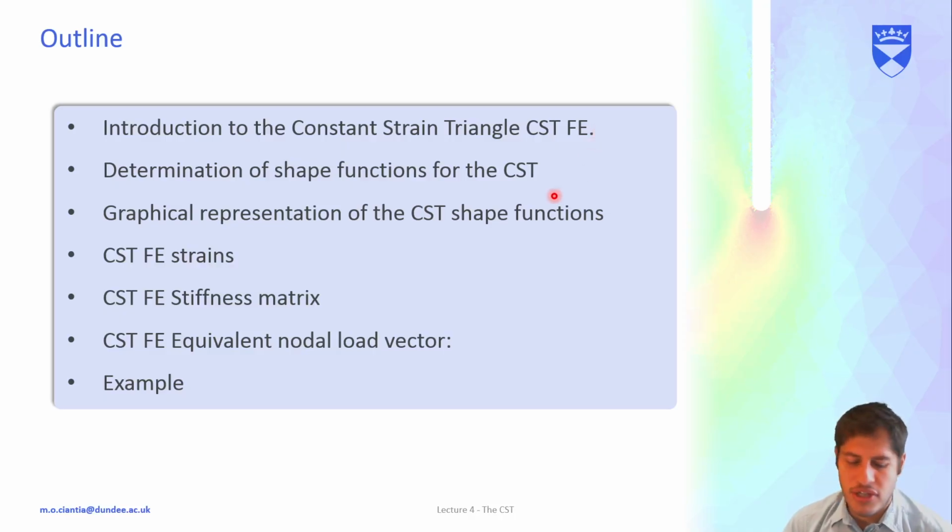We will determine the shape functions of this particular finite element, look at the graphical representation of CST shape functions, how we get the strains, the stiffness matrix, and the equivalent nodal load vector for body forces or surface pressures, and look at an example of this latter approach.